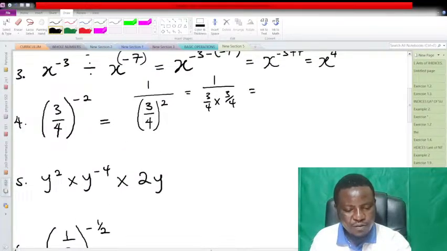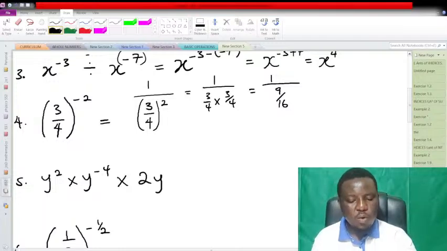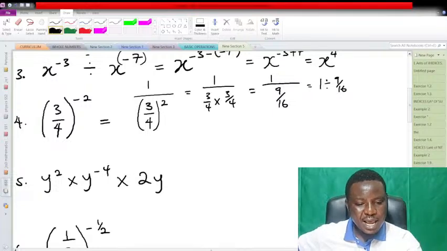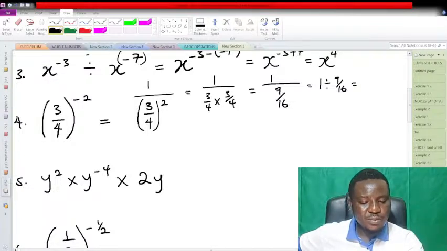And this can be simplified to be 1 divided by 3 times 3 is 9 divided by 16. Now, what this means can be simplified to be 1 divided by 9/16.